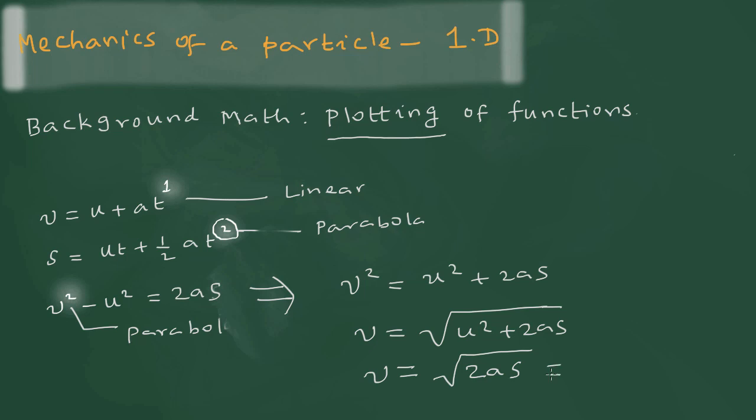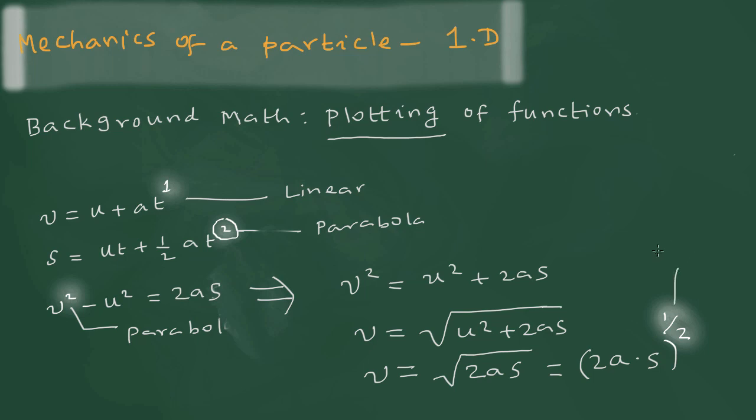Now here, we can write like this: 2a into s, there is a power of 1 by 2 here. So very similar to the case, here you have seen 2 here, right? So there is a 2 here, and here you have the power 1 by 2. That means you can get a power 1, you can have a power 2, or you can have a power 1 by 2.